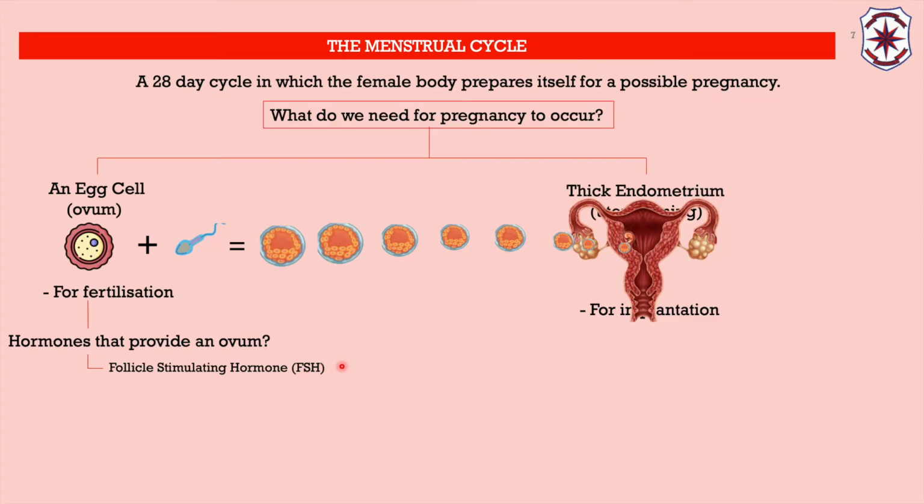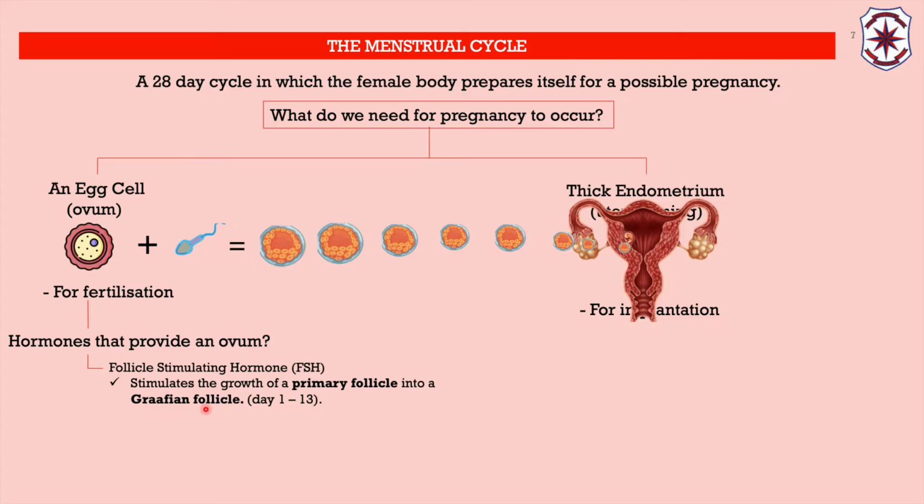Now, females are born with thousands upon thousands of structures that we call follicles. And during puberty, remember, the pituitary gland will start secreting what we call follicle stimulating hormone. And what does it do? It stimulates the growth of the primary follicles, and then only one primary follicle will mature and become the Graafian follicle.